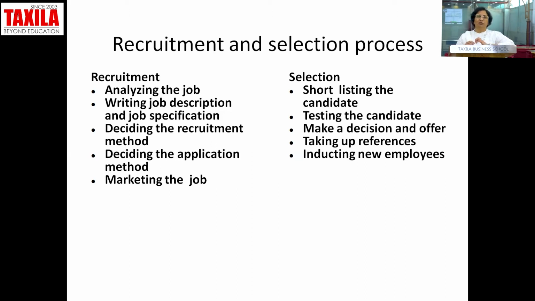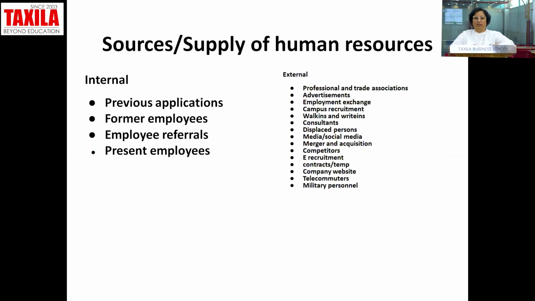After these candidates pass all the tests, then we have to make a decision whether to take them, whether they are selected in the organization or rejected by the organization. We have to make a decision and give the offer to the candidates.